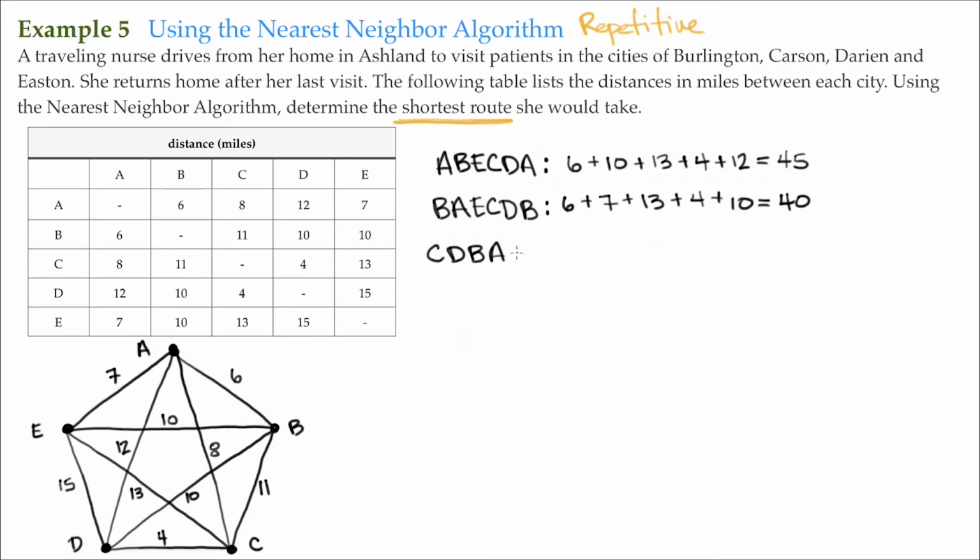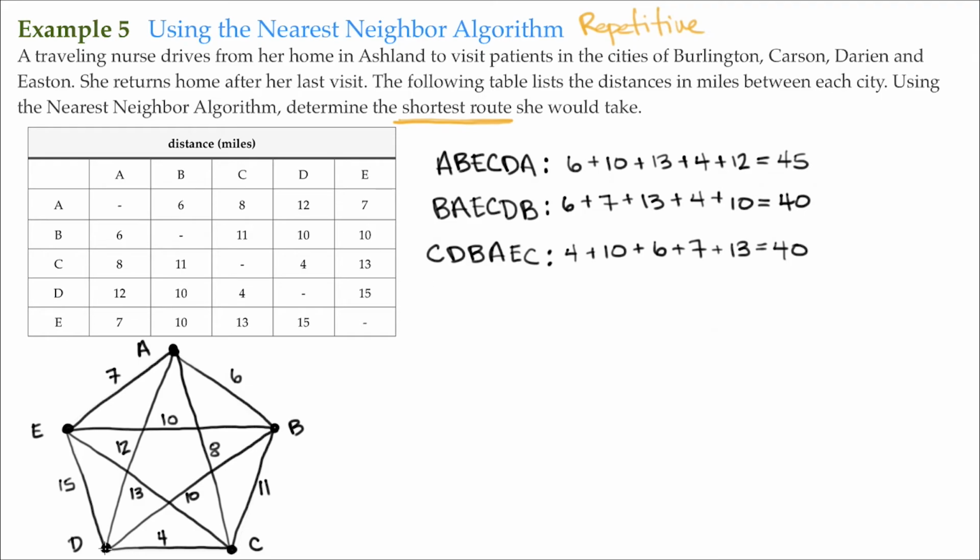A down to E. And then E back down to C. Add them up, that's 4 plus 10 plus 6 plus 7 plus 13. That also tallies up to 40. So far, rather than having to start at A to determine the shortest route, I just switch from B or switch to C, and already I found shorter routes.